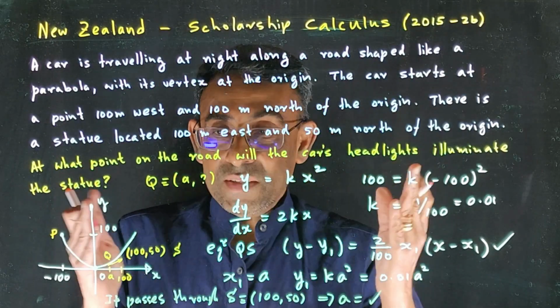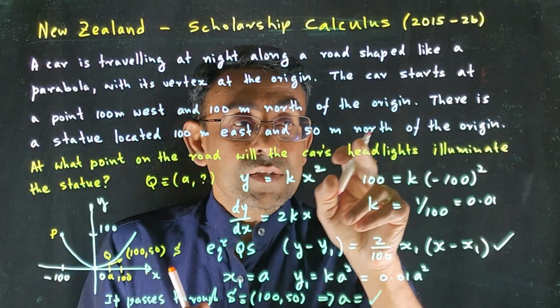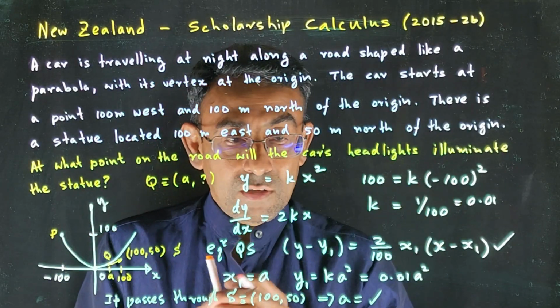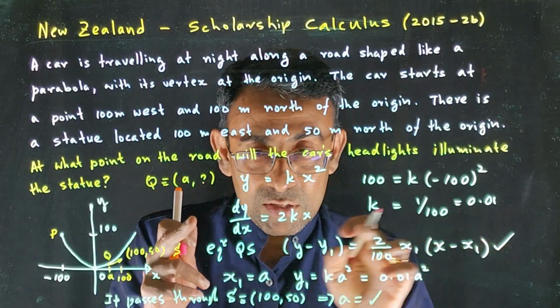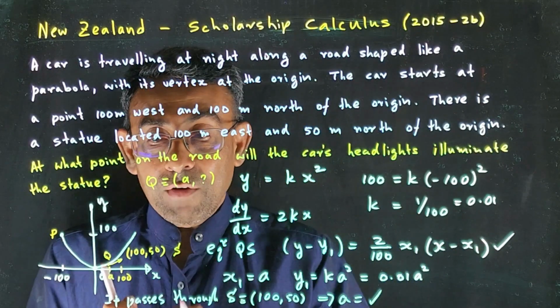A is the coordinate, because the question asks: at what point on the road will the car's headlights illuminate the statue? So if you substitute the values in the first equation, you can find the value of a.